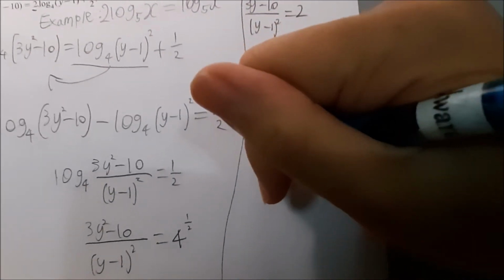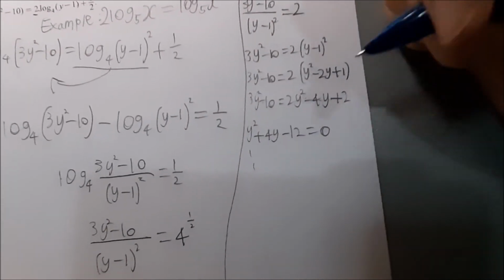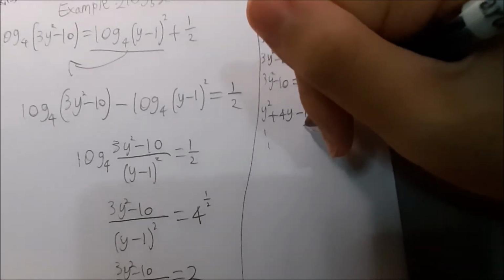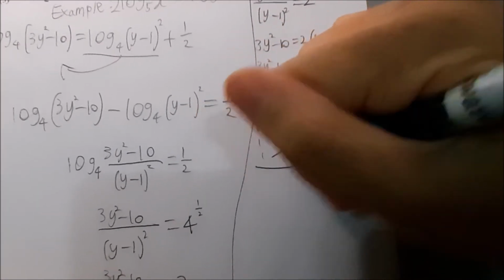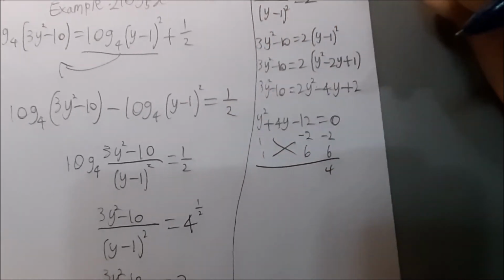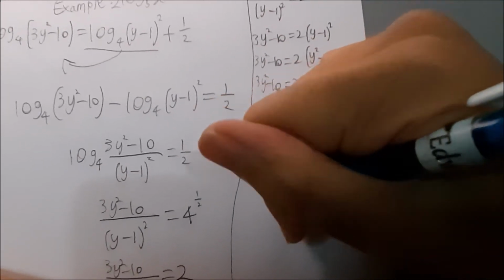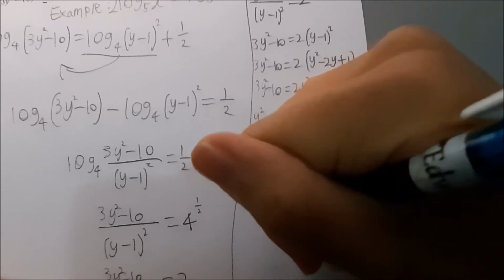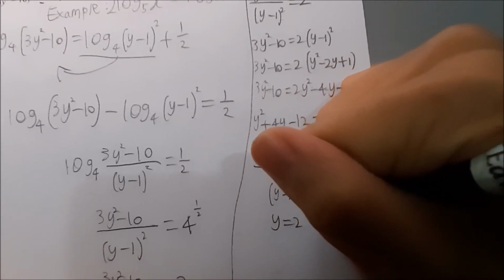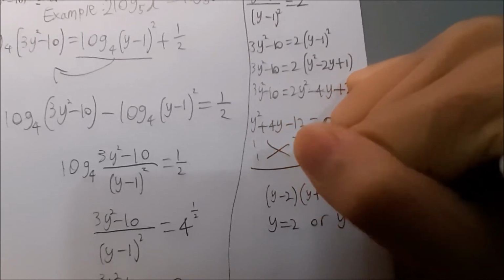And then from here, you can use the factorization method. So it is 2 and 6, 6 minus 2 is 4. Yep, that is correct. So it becomes y minus 2 and y plus 6 equals to 0. So y equals to 2 or y equals to minus 6.